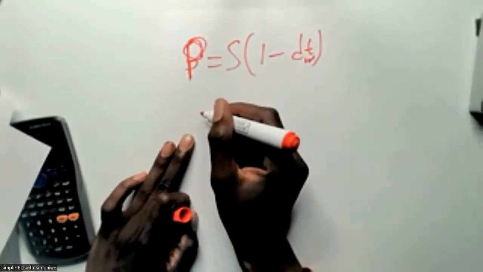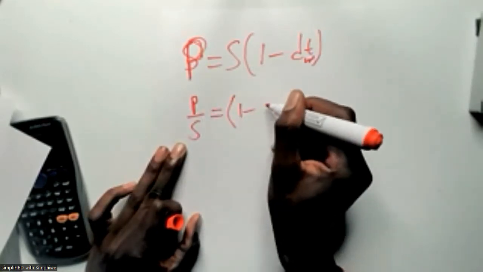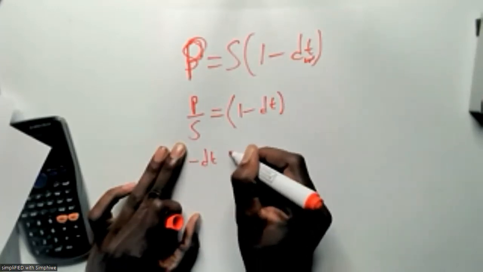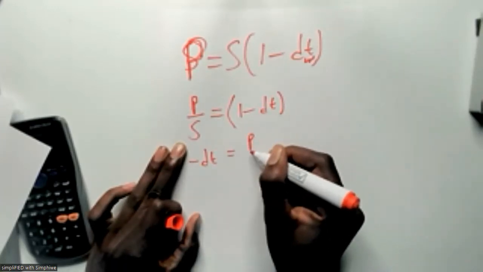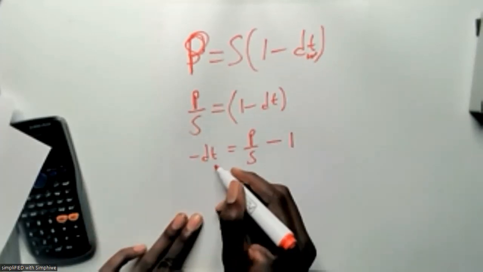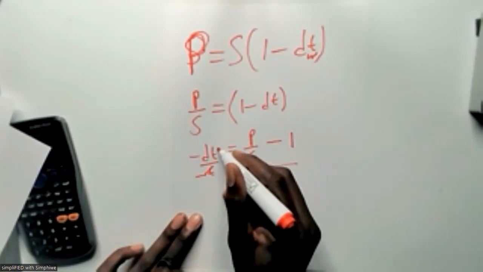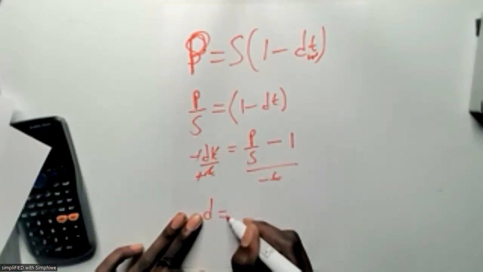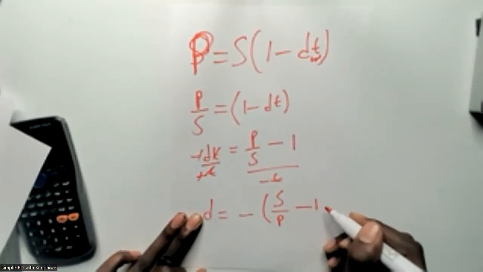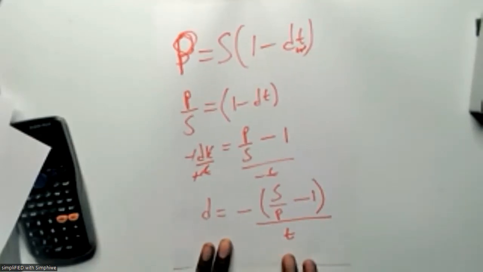Let's focus on discount rate, D. So this will be P over S is equal to 1 minus DT. I can write this as minus DT is equal to P over S minus 1. Therefore, if I divide by minus T on both sides, D will be negative (S over P minus 1) all over T.